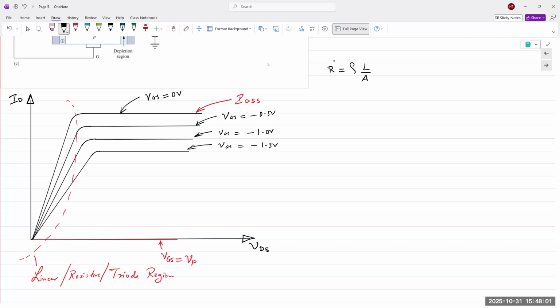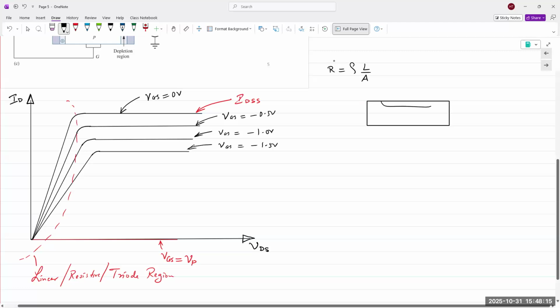And that depends on the physical characteristics of the channel. The channel itself is built like this, right? So you have the channel in the middle, and let's say approximately like this and like this.